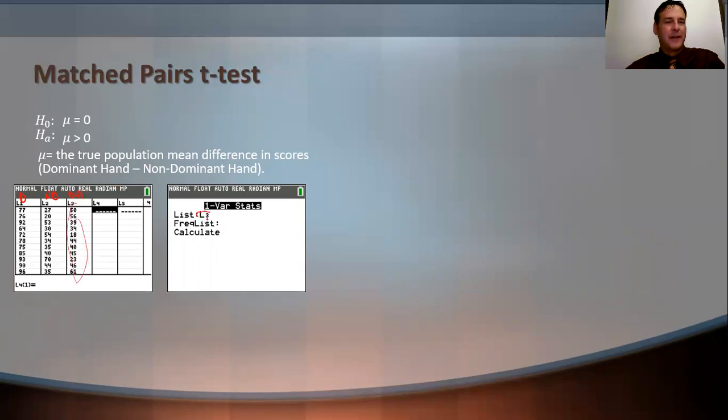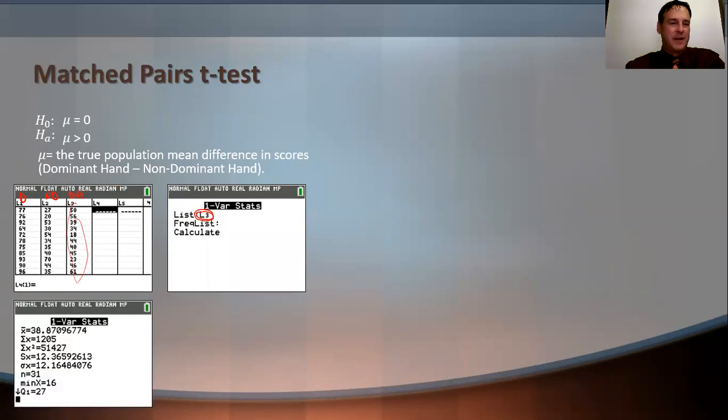This is different. It's not L1. It's all in L3. And that's the part, again, dealing with differences, which we're evaluating with comparison to 0. And when you do that, you'll find that your average differences amongst the 31 students is almost 39, with a standard deviation of 12.366. Now, what can I do with that?